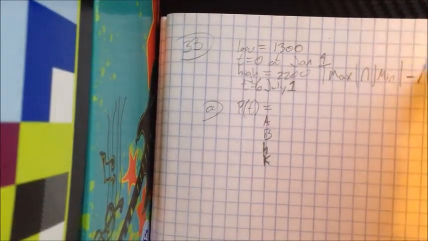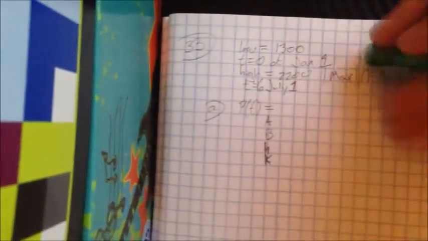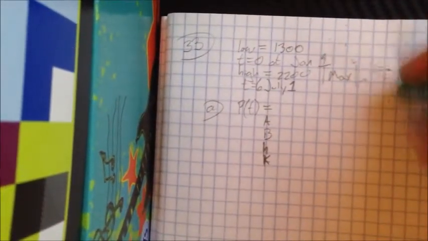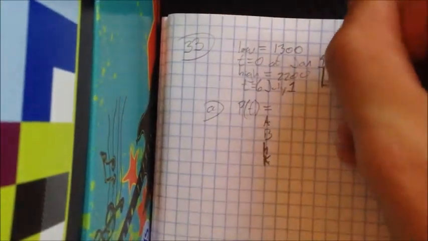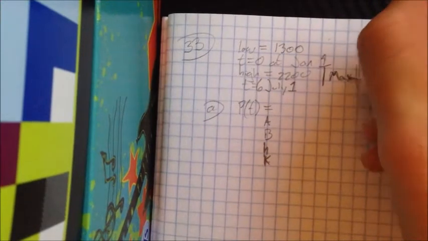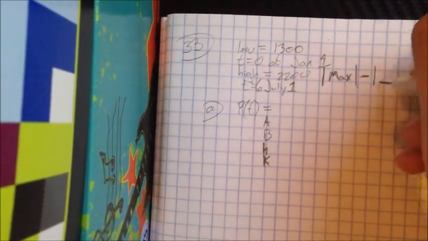Actually, you can't see what I'm writing, so I'm going to write this differently. It's running off the page. Let me bolden this. Max. So the absolute value of the maximum minus the absolute value of the minimum.